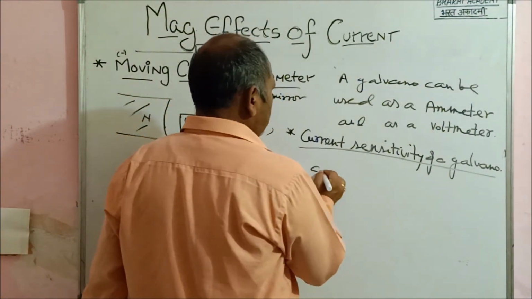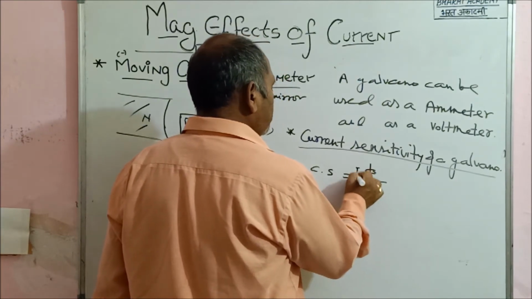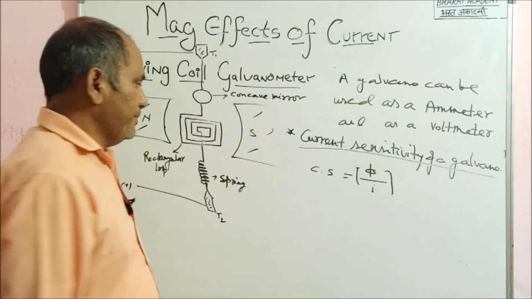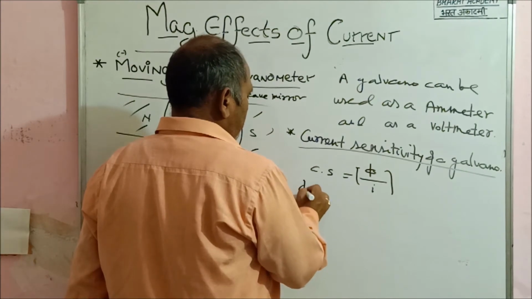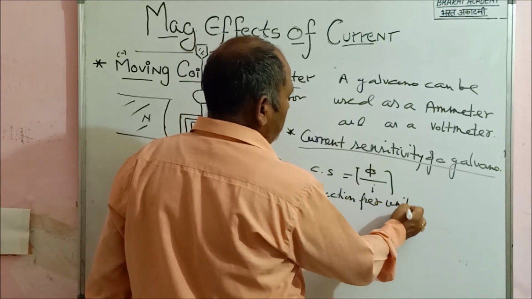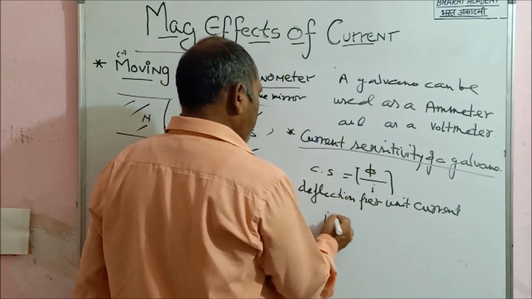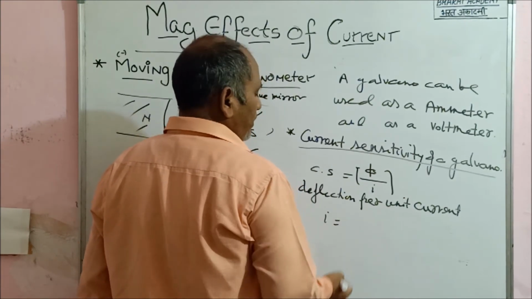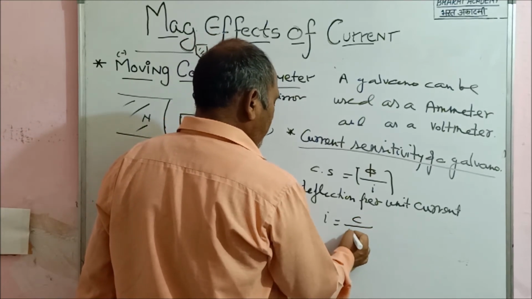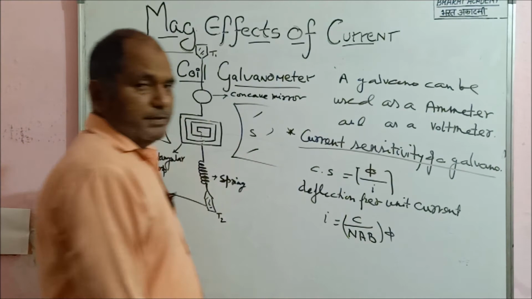So this current sensitivity CS is defined as the deflection shown for the unit current, for a small amount of current, right? φ upon I, deflection per unit current, right? What we have got, I equal to, just now we have got, what is the value of I? C upon NAB times φ, isn't it?